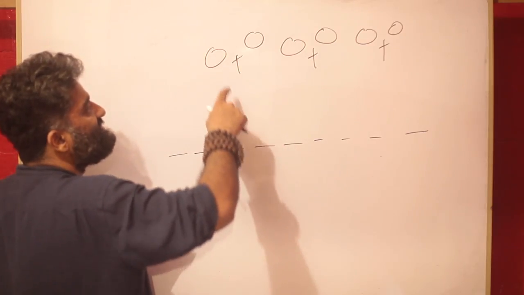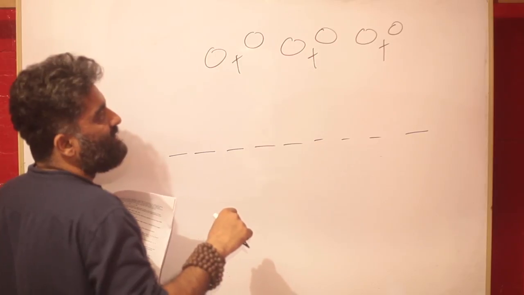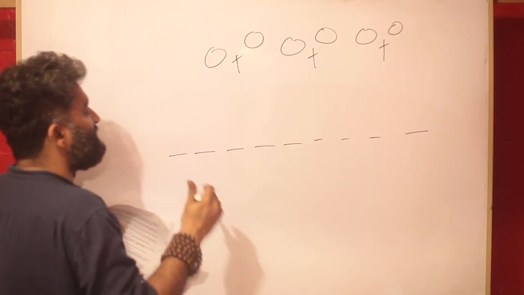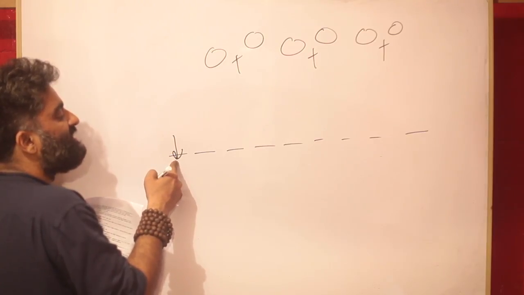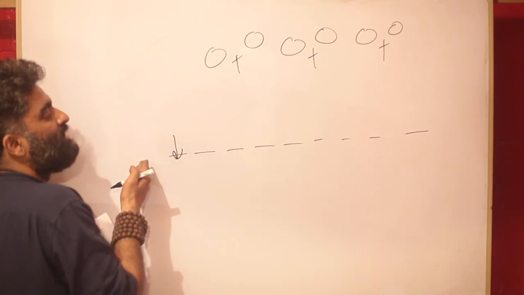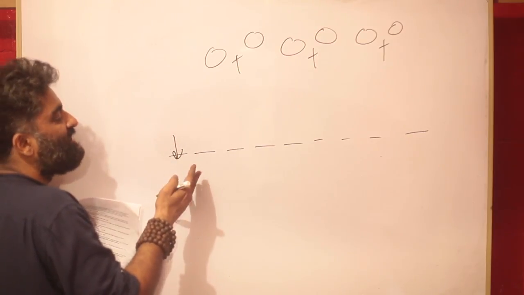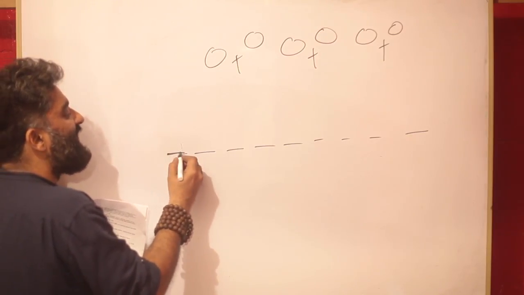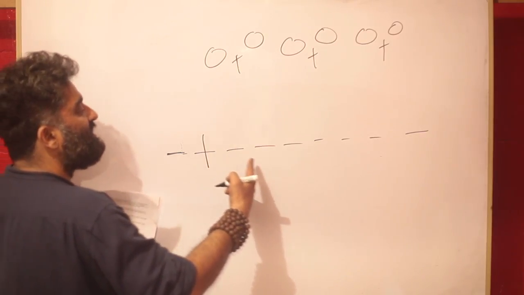And the story says, seat them in such a way that the child is sitting between the parents, right? So the child should be between the parents. So that means, can I put a child here? I cannot put a child here because there is no position for the parent, because the parent should be on either side of the child, right? So where can I put a child? I can put a child in this position because I can put the parents here.